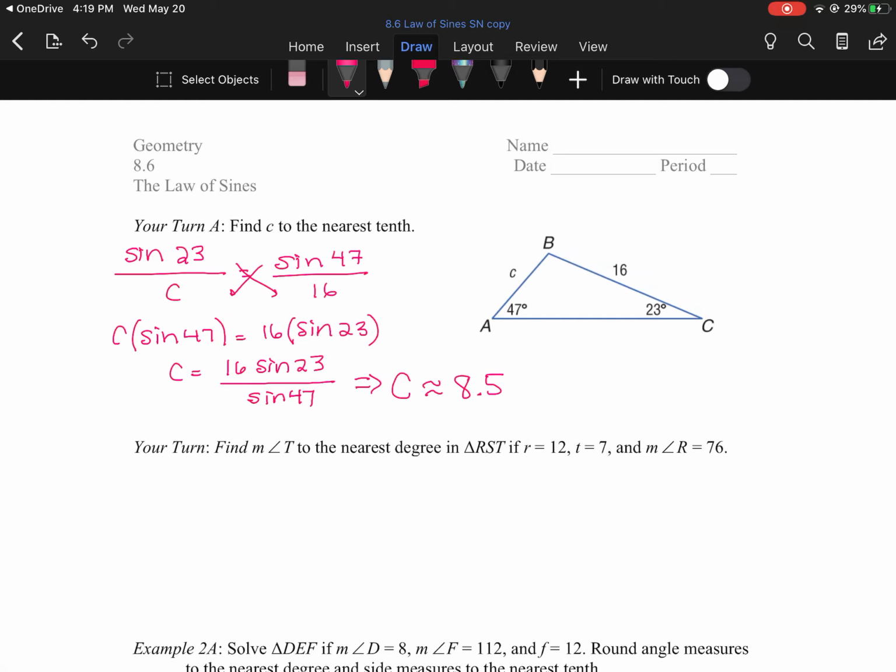All right, so you can see that the first one, we should get C is approximately 8.5.